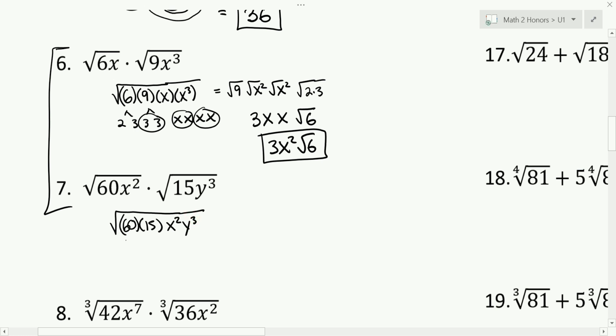And then start breaking these numbers down. 60, 6 times 10. 6 is 2 times 3. 10 is 2 times 5. And then 15 is 5 times 3. Two x's, 3 y's.